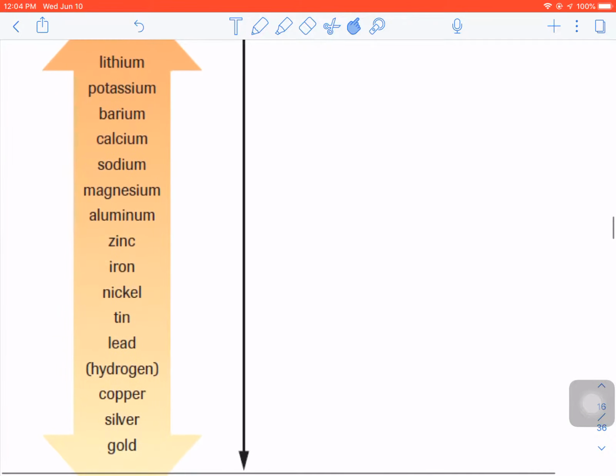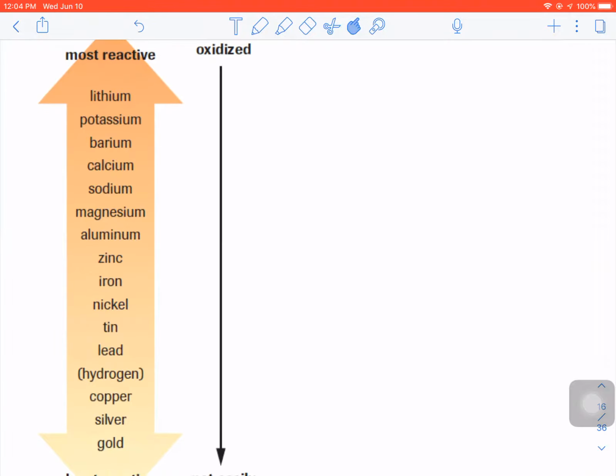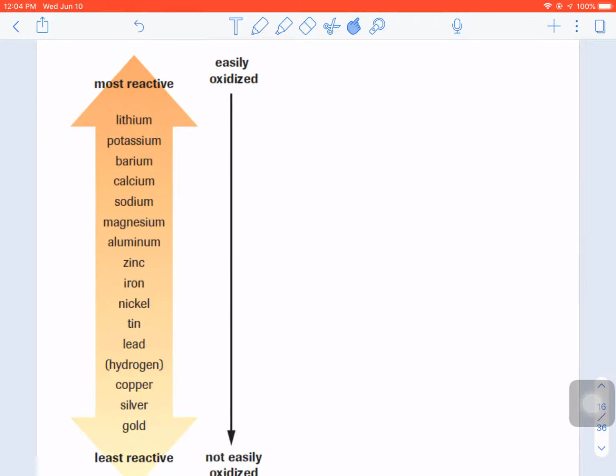The activity series is a way to look at how reactive elements are. I've got most reactive at the top of this series and least reactive at the bottom. Notice that our jewelry metals, gold, silver, are very unreactive, and those at the top, lithium, potassium, barium, are very reactive metals.